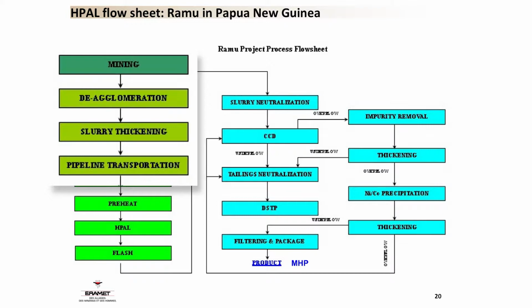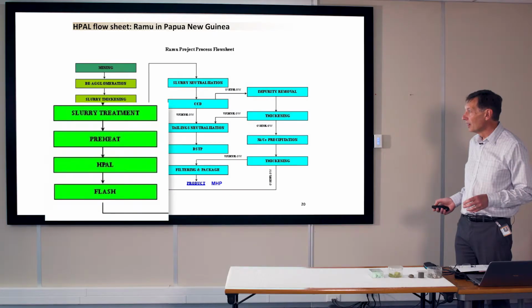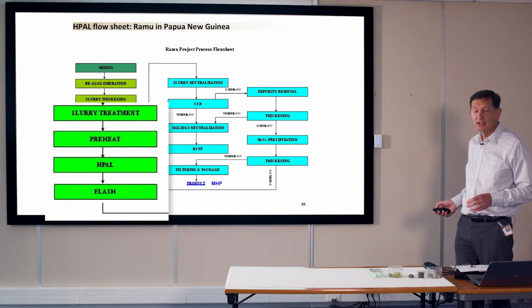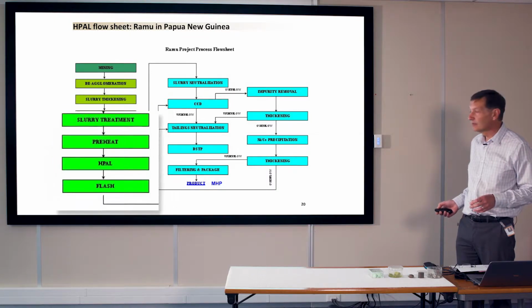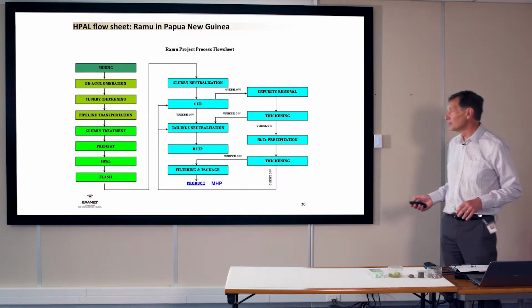You find here the preparation of the ore, treatment in the HPAL, in the autoclave. It's a rather simple flow sheet.